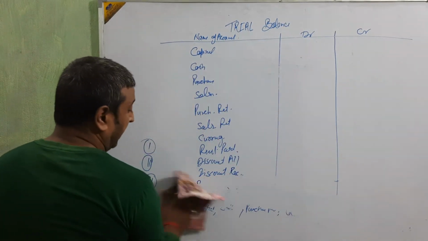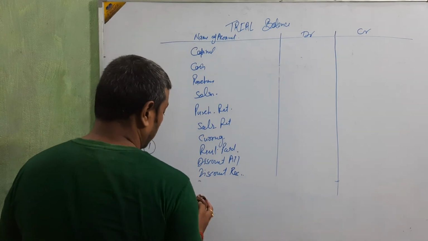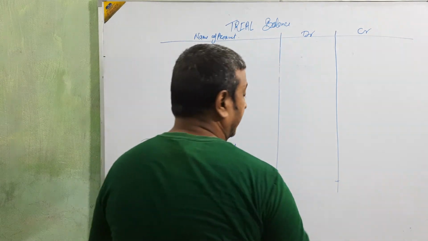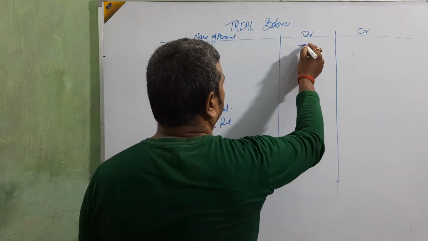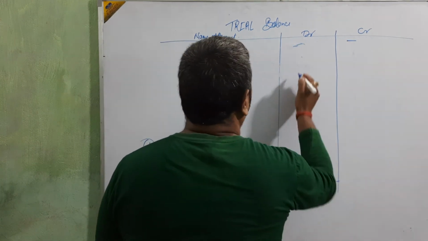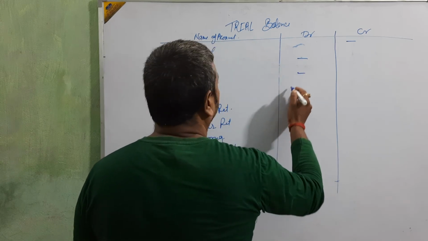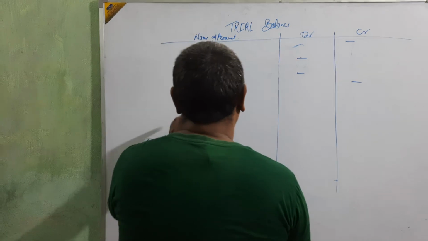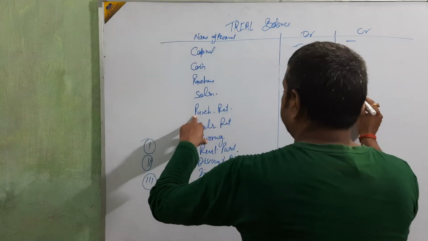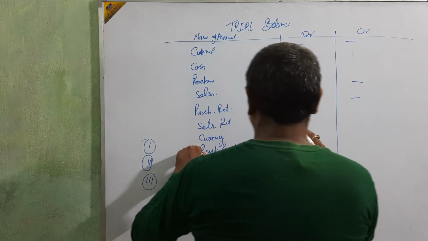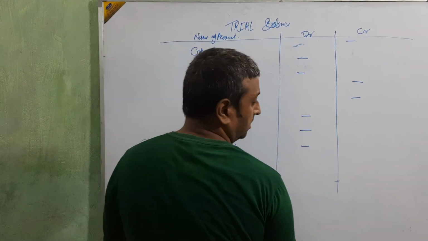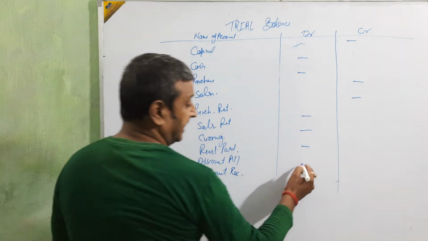By following these rules, we do the debit and credit of the accounts. Capital, we present on the credit side. Cash, debit side. Purchase, debit side. Sales, credit side. Purchase return, credit side. Sales return, debit side. Carriage expense, debit side. Rent paid expense, debit side. Discount allowed, debit side.